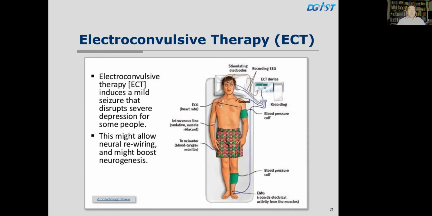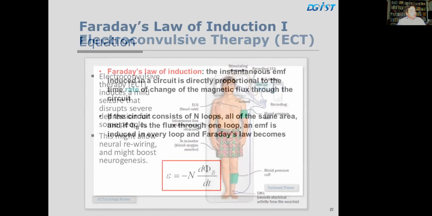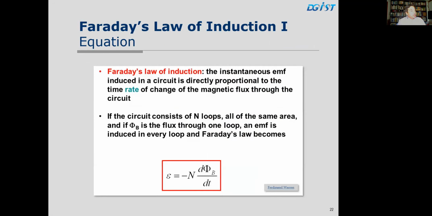Those counter ion flows across membranes shift the membrane potential, so we go above the threshold, we get into the action potential that we talked about in the first part of the course. And that action potential will create this mild seizure. So we have to actually put in electrical current that way.